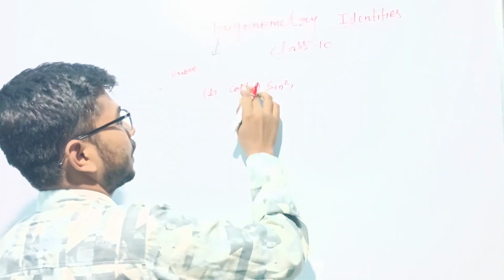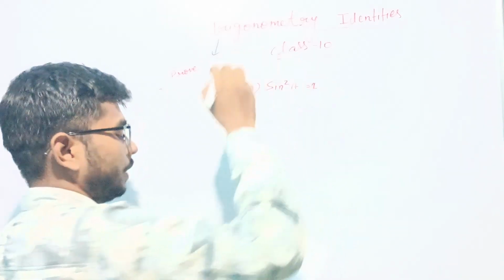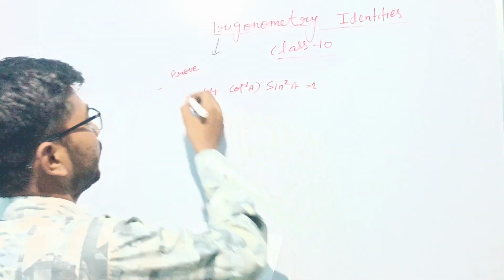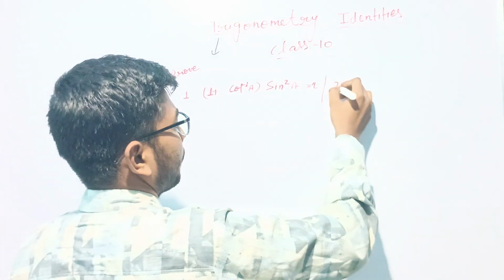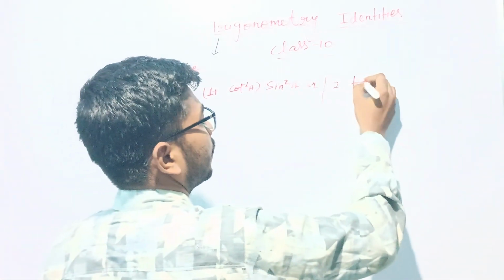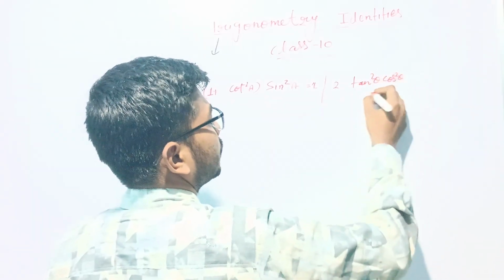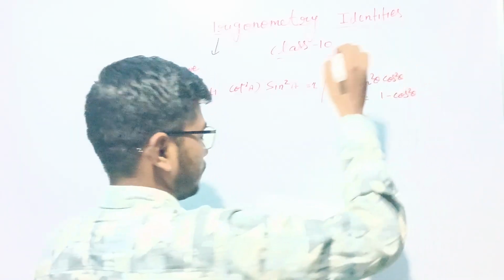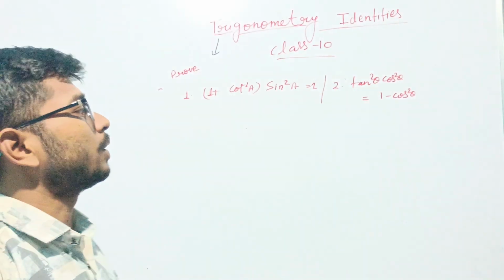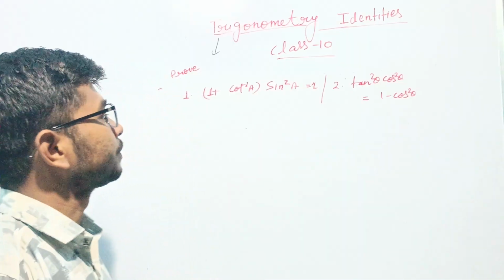The other question is tan square theta cos square theta, we have to prove, is equal to 1 minus cos square. Let's do these two questions.